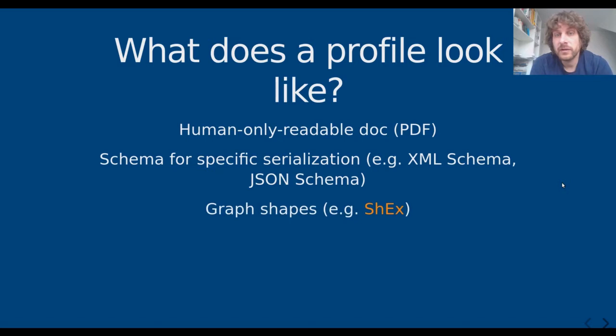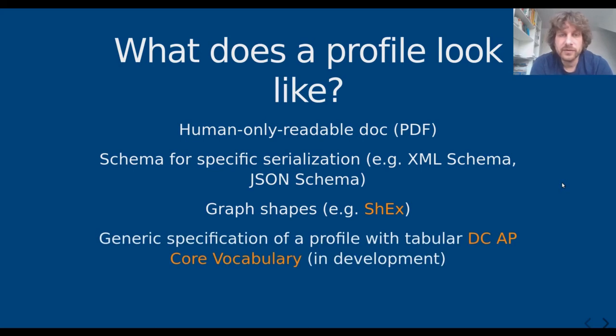You could use something like ShEx or SHACL to define graph shapes for RDF data. And in the future, you might use the Dublin Core Application Profile core vocabulary, which will let you define a metadata profile using tabular data. And there are probably lots of other ways to define and publish your metadata profile.